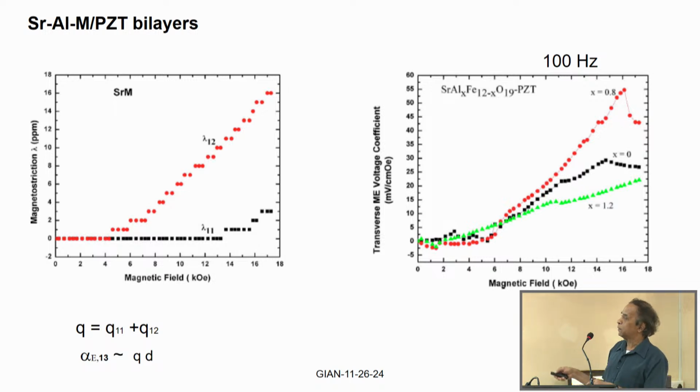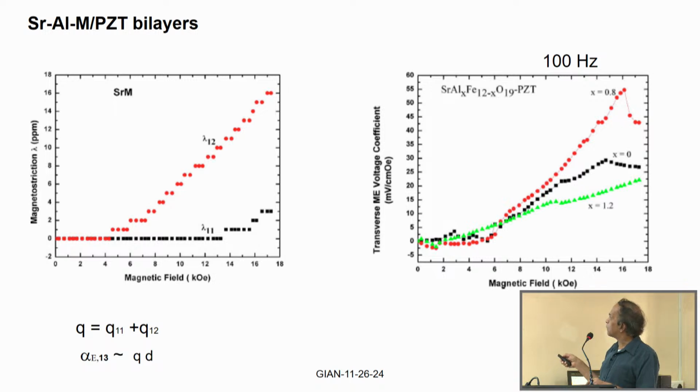These are the magnetostriction, and the corresponding magnetoelectric voltage coefficients are shown here for pure strontium hexaferrite with aluminum 0.8 and 1.2. When you substitute aluminum in it, there is a small improvement in the magnitude of the magnetostriction and the piezomagnetic coefficient.